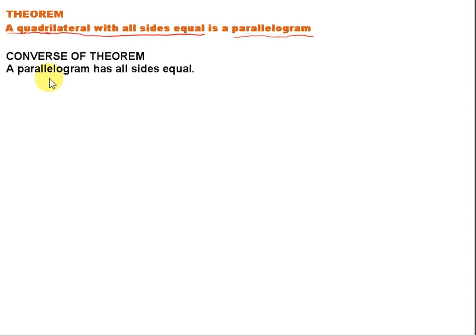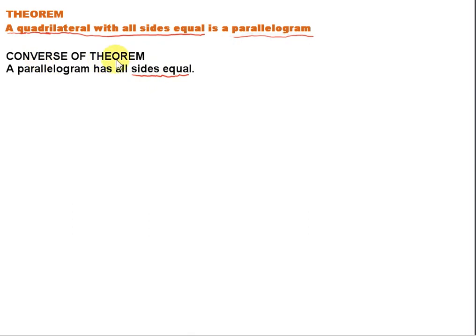Well, a parallelogram is a quadrilateral, so we don't have to prove that, but we need to prove that all sides are equal. So for the converse of a theorem, we reverse the roles of premise and conclusion. The conclusion of the theorem becomes the premise of the converse, and the premise of the theorem becomes the conclusion of the converse.